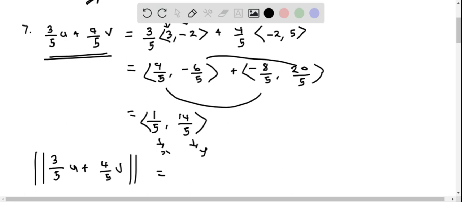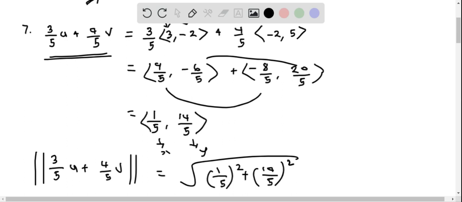So when we substitute into the magnitude of vector, we get 1/5 quantity squared plus 14/5 quantity squared, and this should give us square of 1/5 is 1/25 and square of 14/5 is 196 by 25. So let's get this simplified.